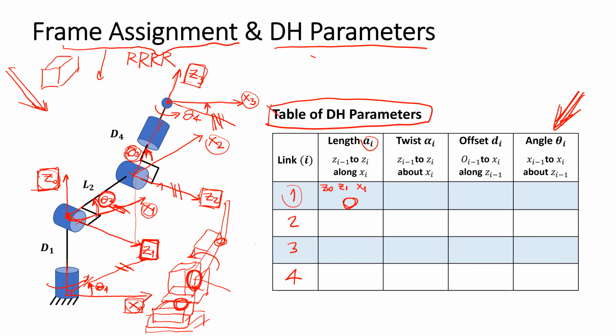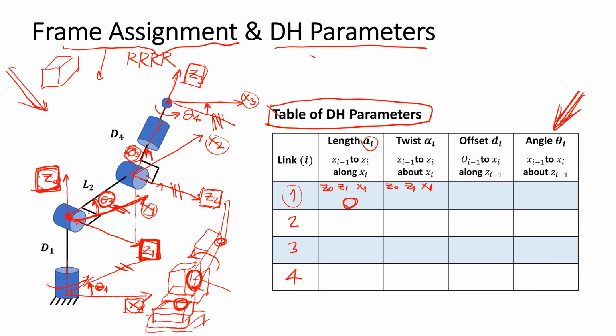The link twist of link 1 is measured from the direction of C0 to C1 about X1. The link twist is measured from C0 to C1 by using the right hand rule about the direction of X1.